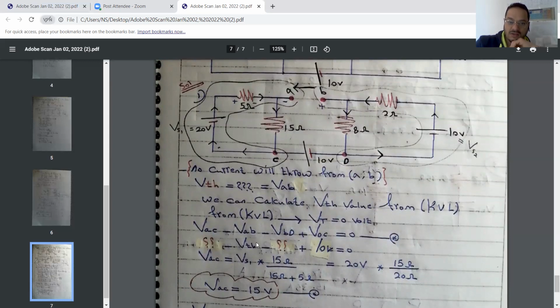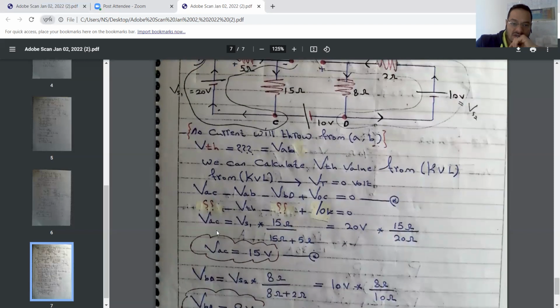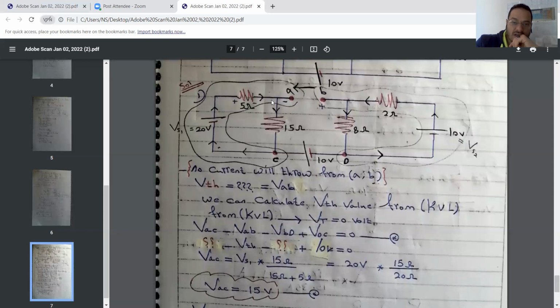VAC minus VAB, that will be the Thevenin voltage, minus VBD from here to here, plus VDC. That means here we need to calculate VAC at first.